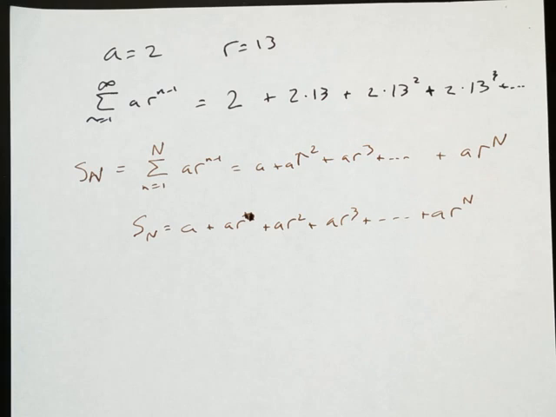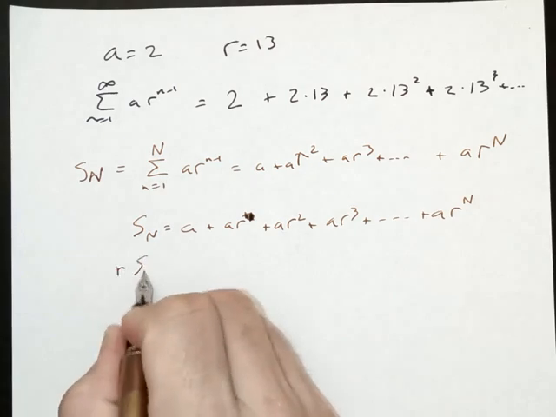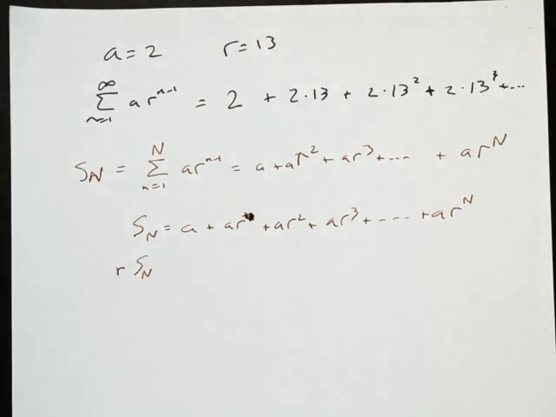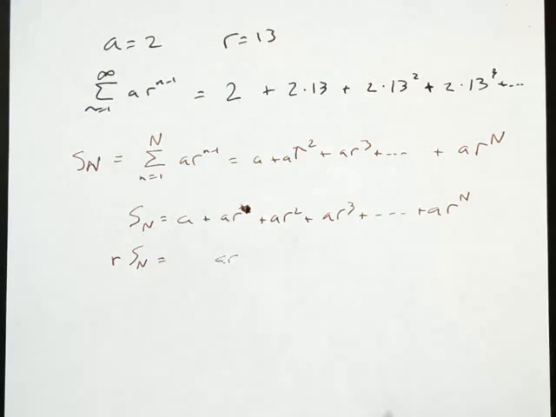I'm going to take this series, this partial sum. I'm going to multiply it by something. I'm going to multiply it by R. What do I get if I multiply that by R? Not only do I want you to write that down, I want you to line stuff up by powers of R. So I would multiply this by an R. That would be AR.